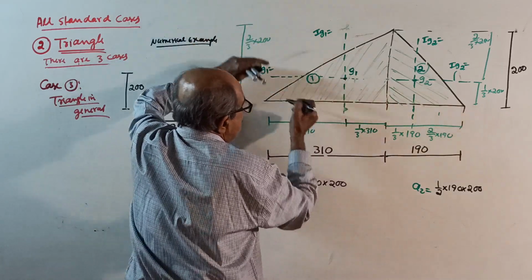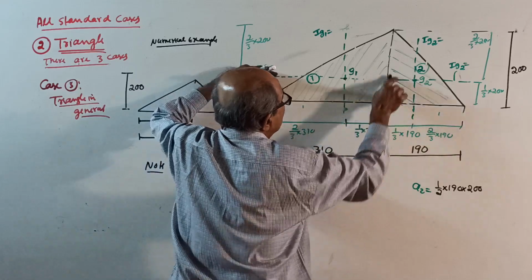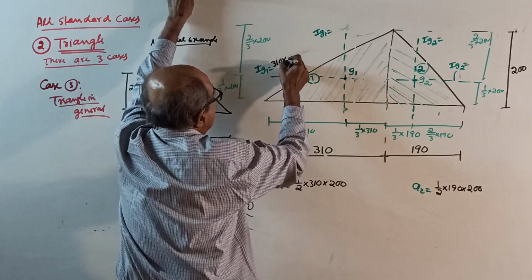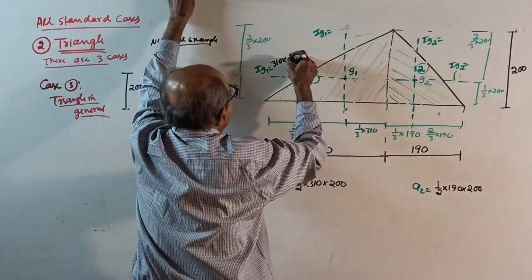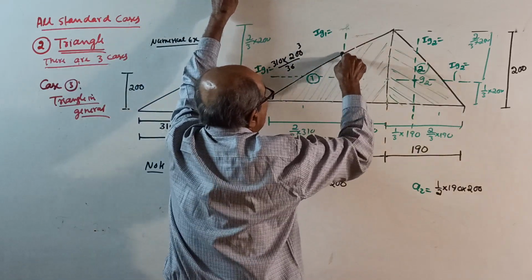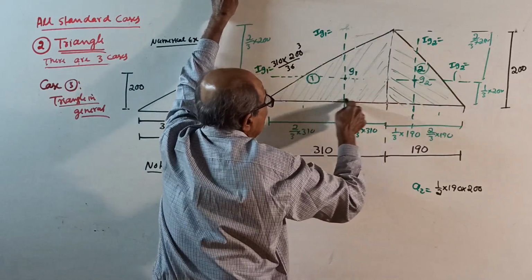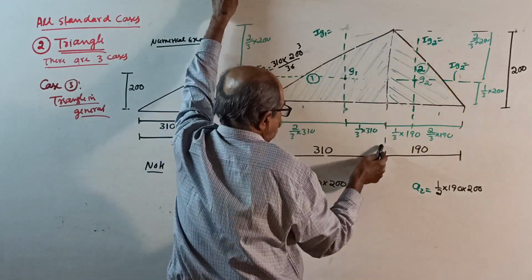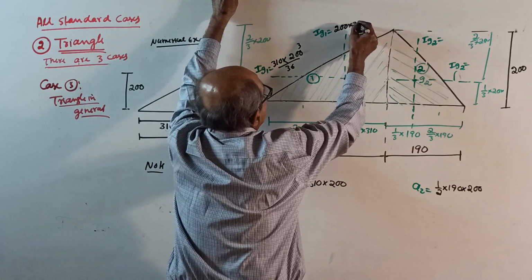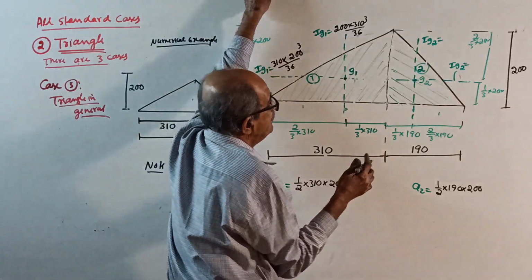Now, when you want IG, the centroid is here. This IG, now it is a right angle triangle, the base, the parallel side is base, 310, into height 200 cube by 36. This IG, this is the base, don't see that side, see only this triangle, so 200 into 310 cube by 36. This time no 48 here.